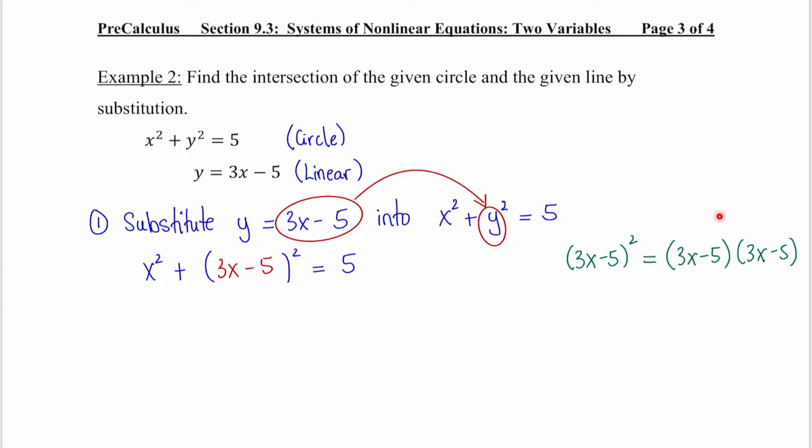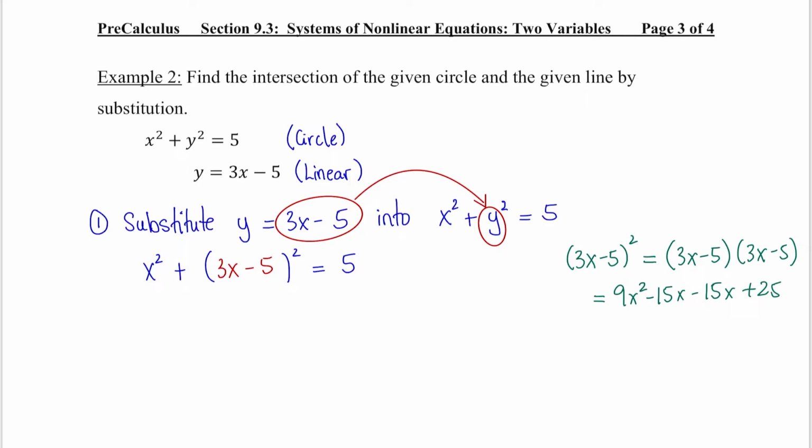I have 3x times 3x is 9x squared. 3x times negative 5 is negative 15x. Negative 5 times 3x is negative 15x. Negative 5 times negative 5 is plus 25. So I have 9x squared minus 15x plus 25.